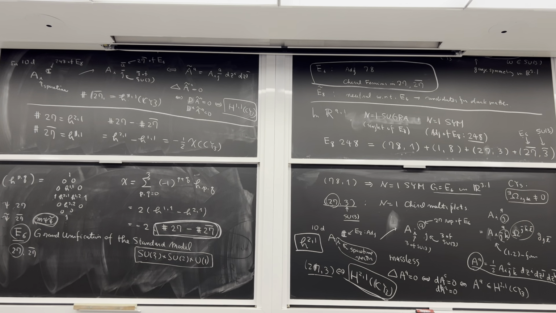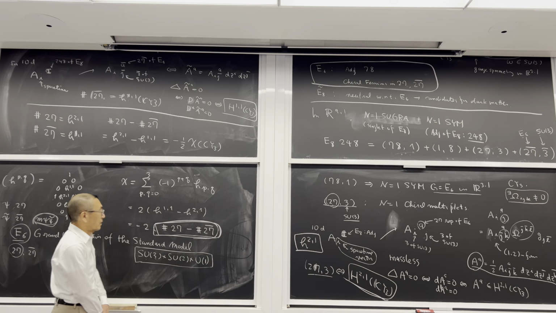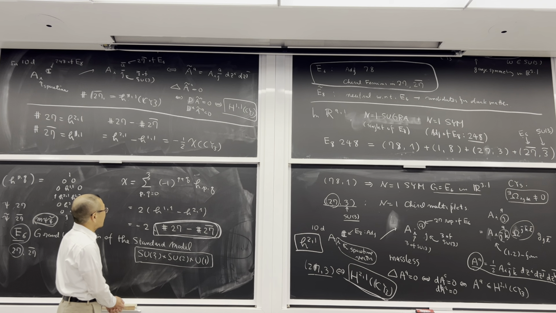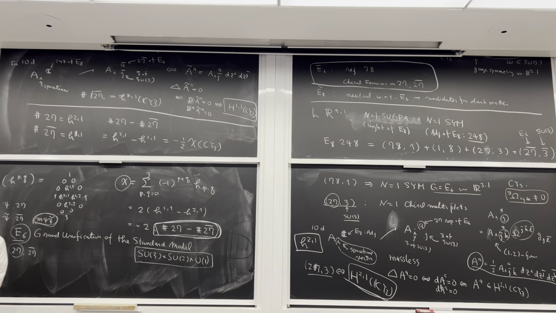And I found it very beautiful that the number of generations of standard model particles that come from Calabi-Yau compactification is given by a single number, an Euler characteristic.